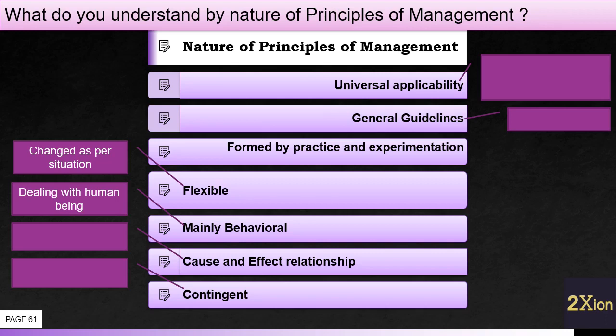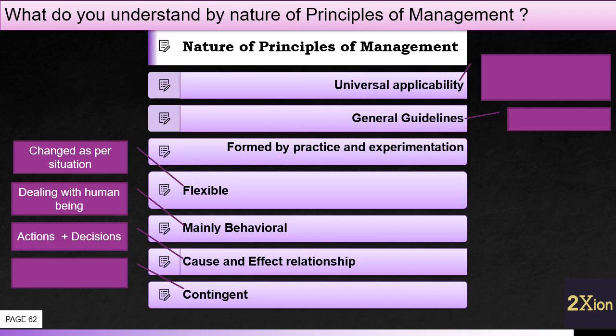Next one is cause and effect relationship. What does it mean? Cause and effect relationship means actions and decisions are based on a scientific principle, cause and effect relationship.